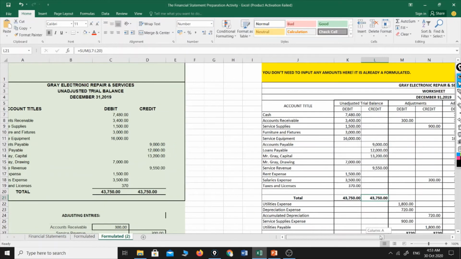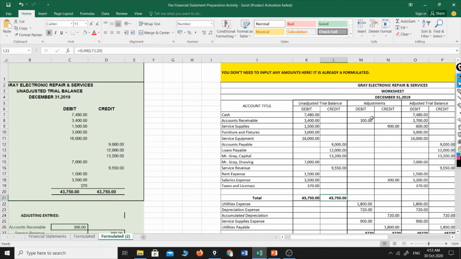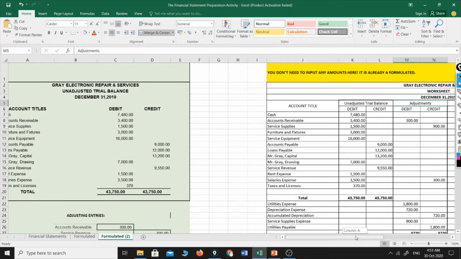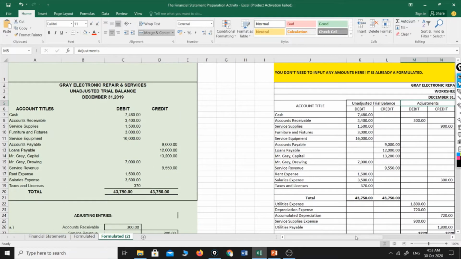Okay, so the next section is the adjustment. In order for you to complete this part, go over to the adjusting entries. At the end of the accounting period there is additional information, and with that information you may need adjustments. When you need adjustments, we will have to make adjusting entries.